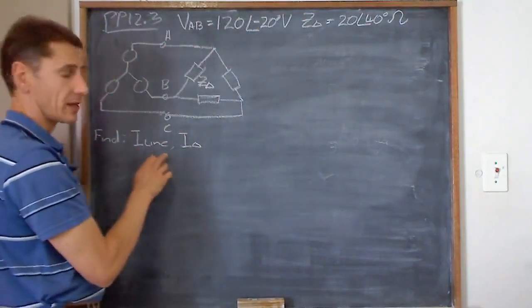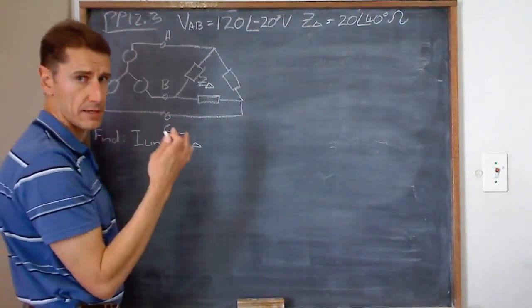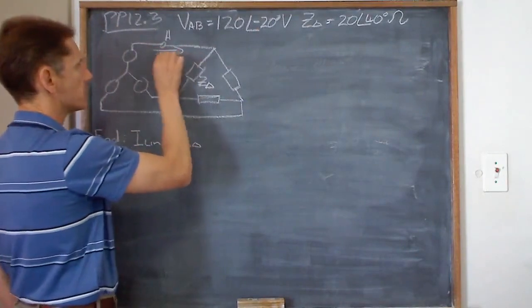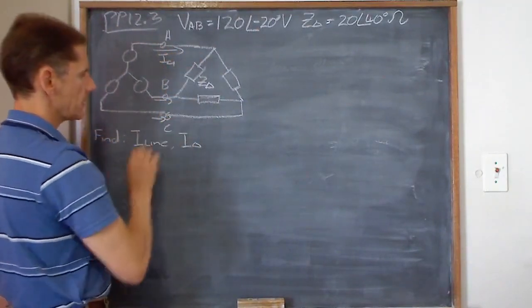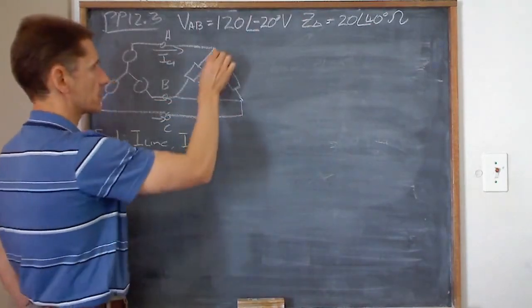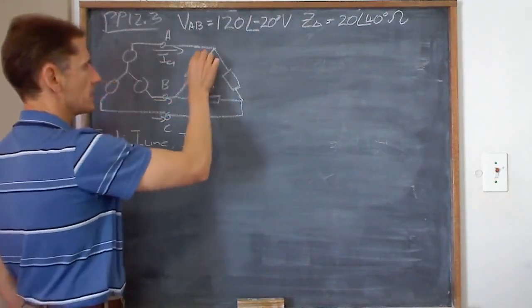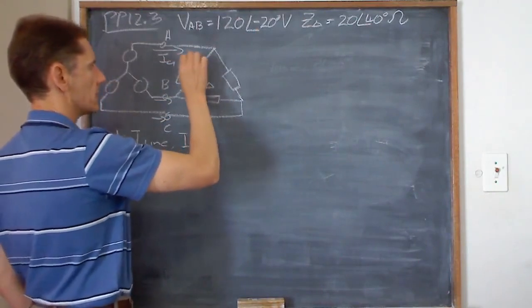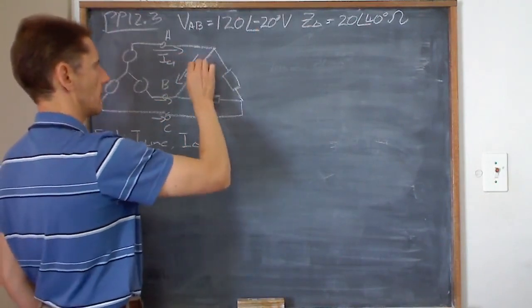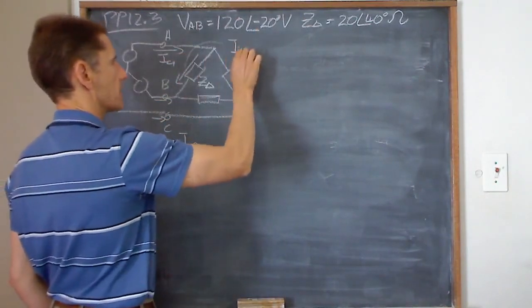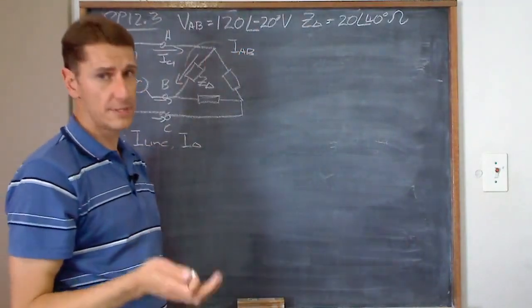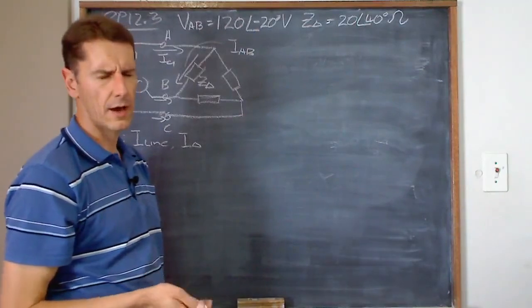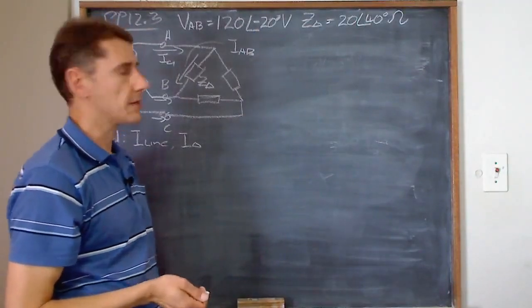They want us to calculate the line currents, three of them, A, B, and C. IA is flowing there, IB, IC, and then also the delta currents. So A to B, this is IAB, and if you've got IAB, you've got IBC, and you've got ICA, because it's just a 120-degree phase shift.